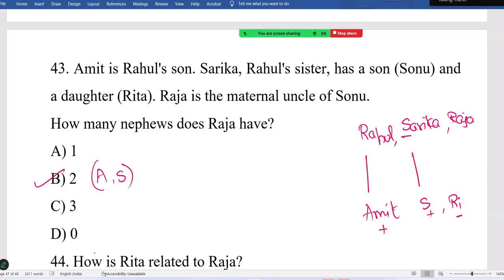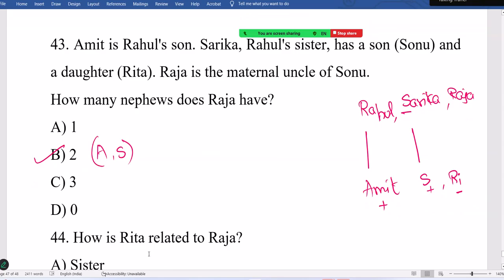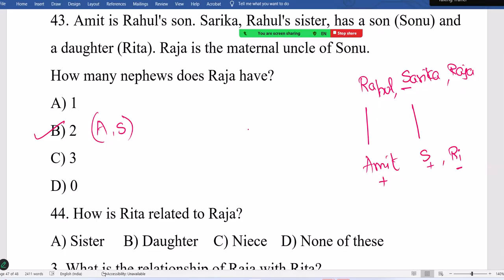How is Rita related to Raja? Niece. Sister's daughter is nothing but called niece. How is Rita related to Raja is nothing but niece. Sister's daughter.